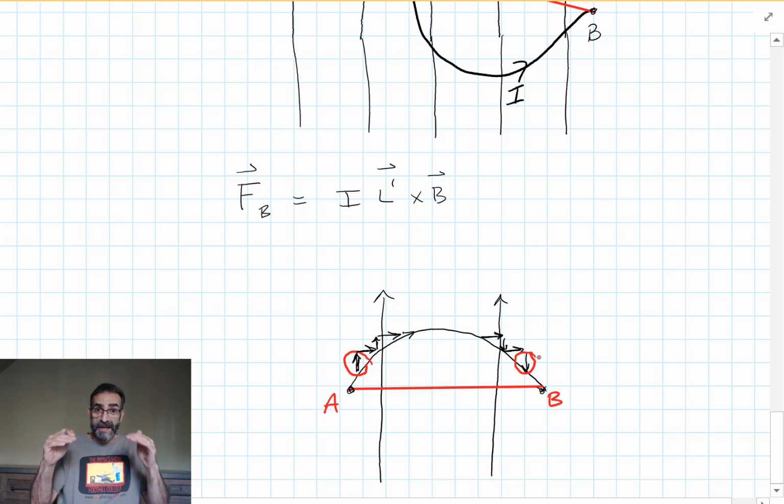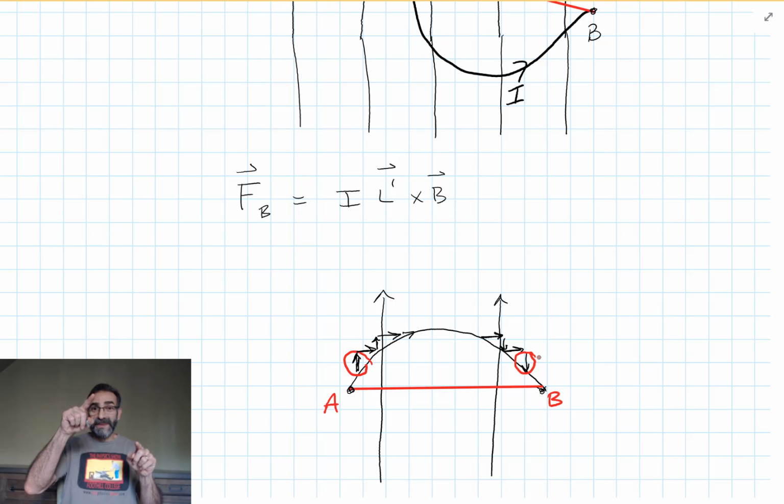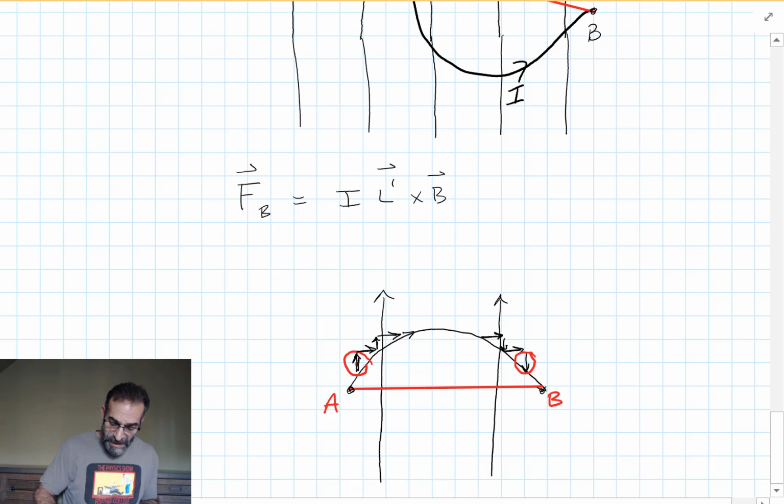We're starting on the line that connects A and B, and we're going to end up back on that line. So if we move away from it, we have to move back toward that line. And the force on one of those is going to be opposite to the force on the other one. So all those cancel out. And the only thing that matters are the components that add up in the same direction.